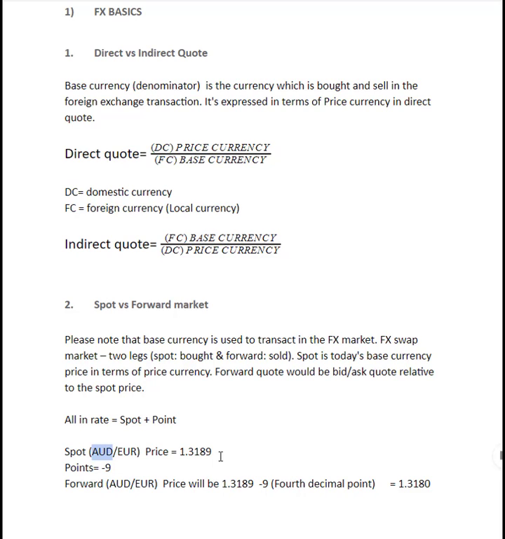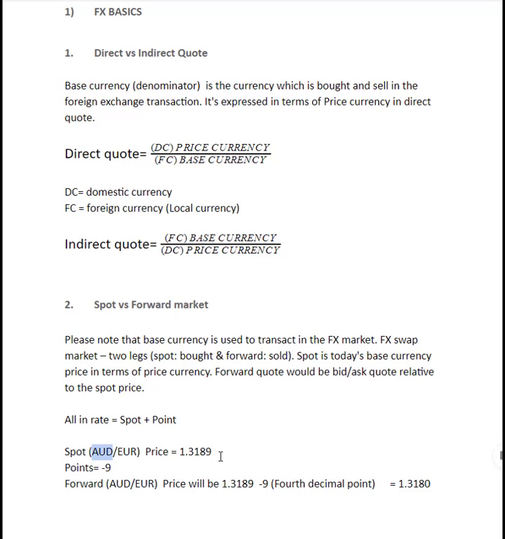So they get into an agreement at a predetermined price sometime in future, which they mention in a contract, like after 3 months or after 6 months or after 1 year, I will exchange X amount of euro at this much AUD price. So that's an example of a forward market.